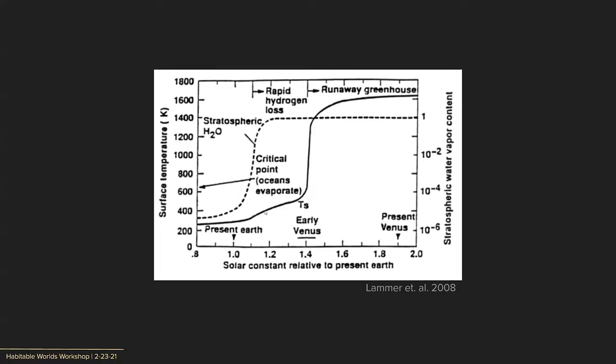And this is why we see this rapid spike in temperature. And once you lose this hydrogen and you're left with oxygen and the temperature reaches this point, it's basically impossible to go back to what you had before. We think this is something that probably happened to Venus. But this is an example of if we took our own Earth around our own sun.